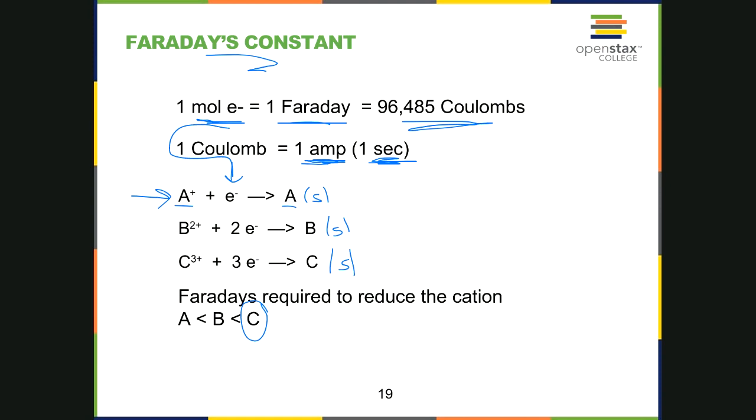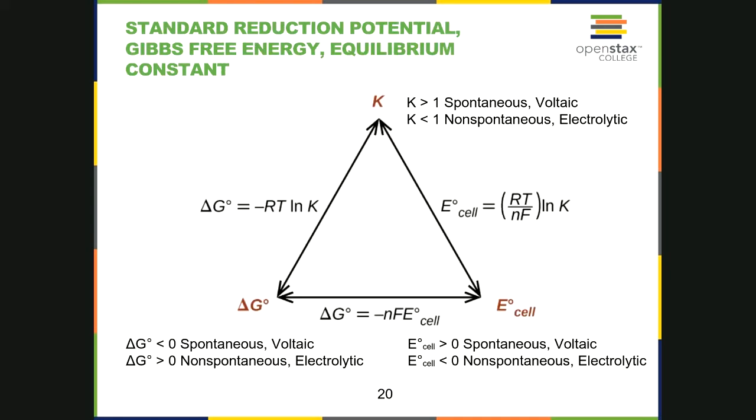Now our next slide is taking two concepts that we had previously and joining them together with our electrochemistry. So the first thing that we looked at this semester was equilibrium constants.